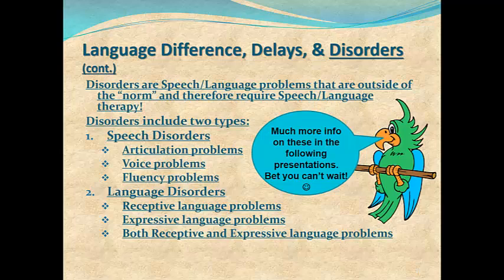Speech disorders include articulation problems, voice problems, and fluency problems. Language disorders include receptive language problems, expressive language problems, or both receptive and expressive language problems. More information on these in the following presentations.